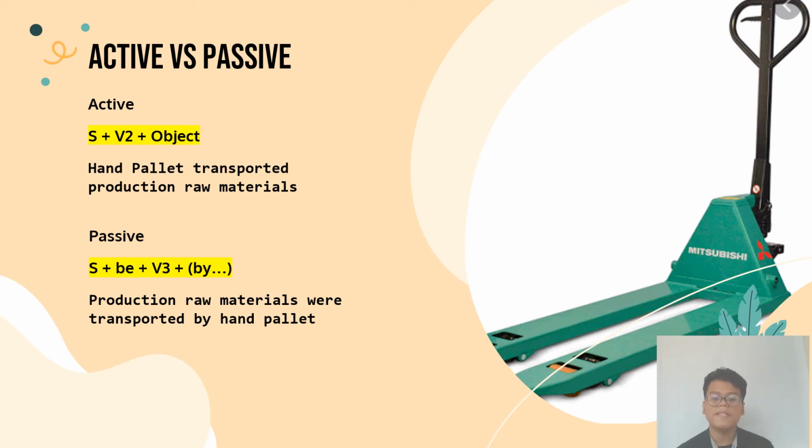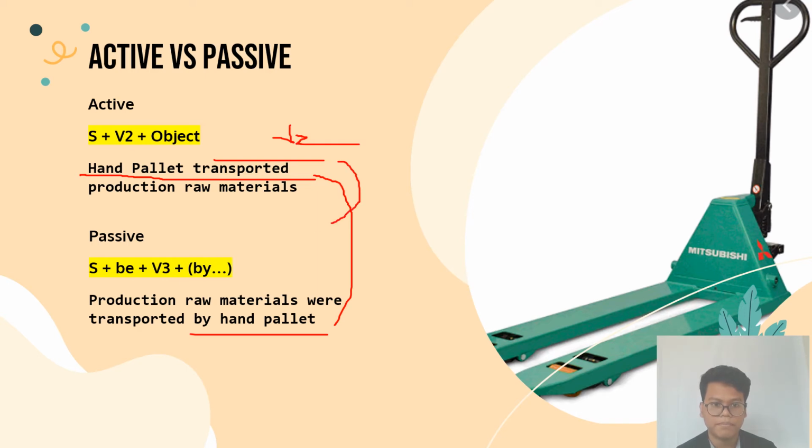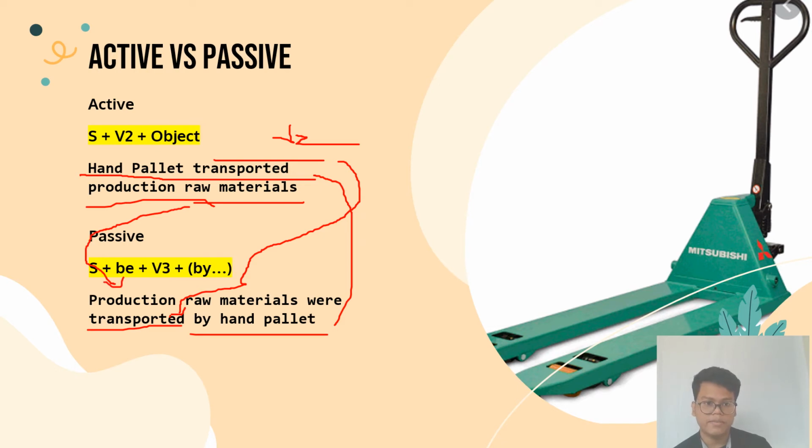Don't forget the subject of the active sentence moves to the back of the sentence and becomes the object, like this: hand pallet transports is moved to the back, by hand pallet. Transport is verb 2, and in the passive voice it is be plus verb 3, transported. The raw material, the production raw material, I mean, becomes the subject in the passive voice.